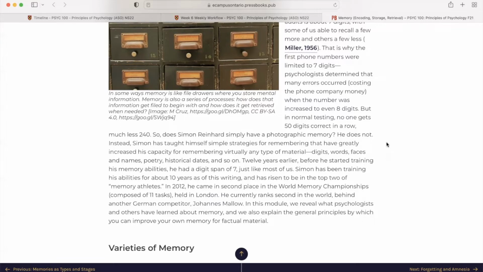Simon has been training his abilities for about 10 years as of this writing, and has risen to be the top 2 of memory athletes. In 2012, he came in 2nd place in the World Memory Championship, composed of 11 tasks, held in London.